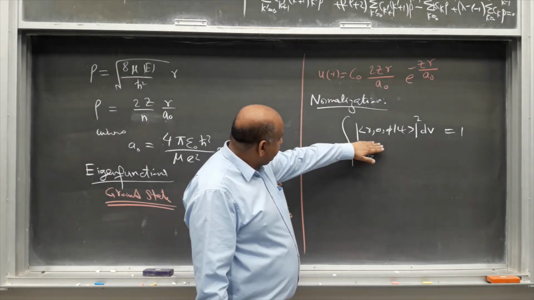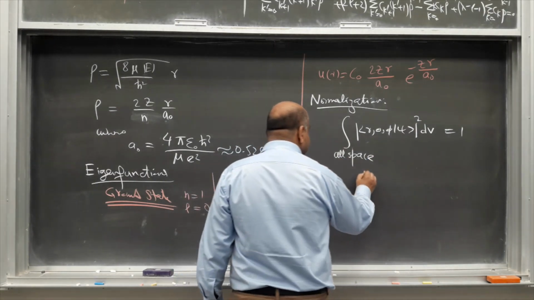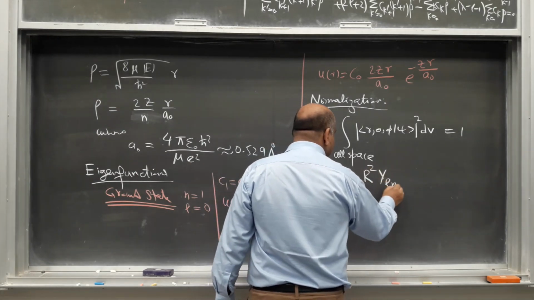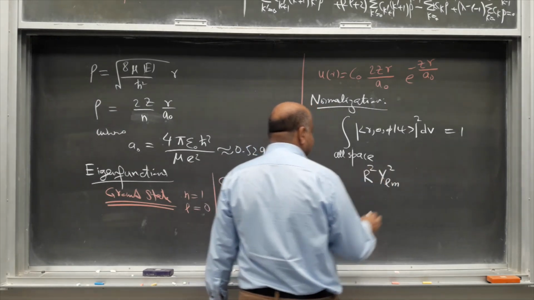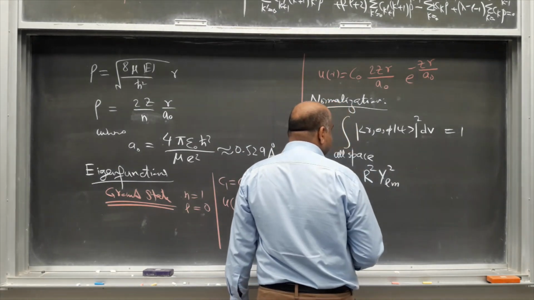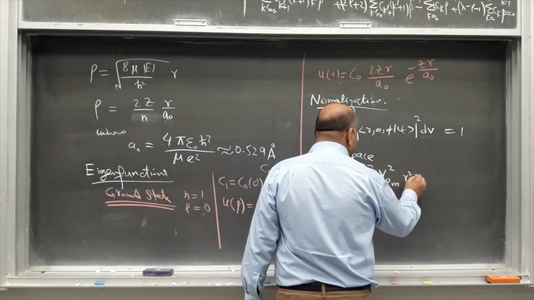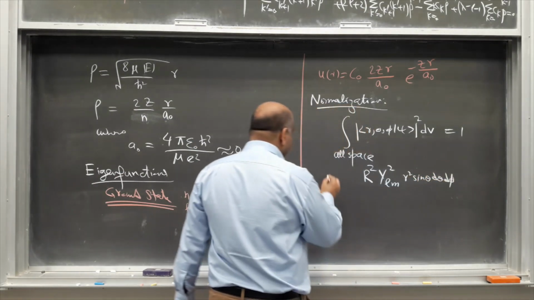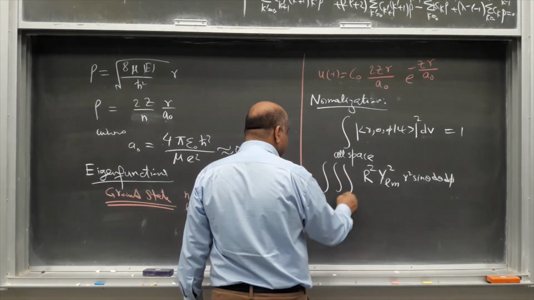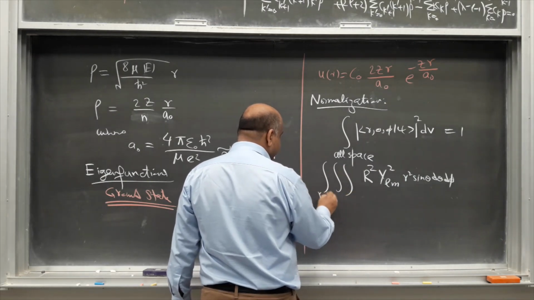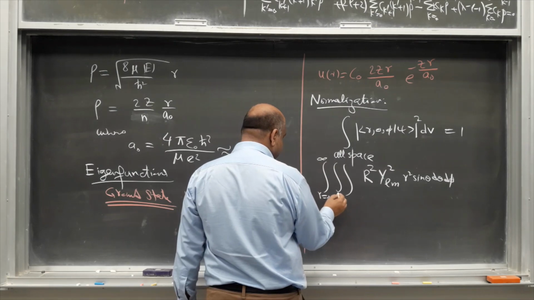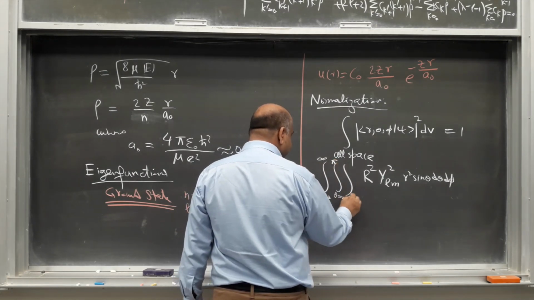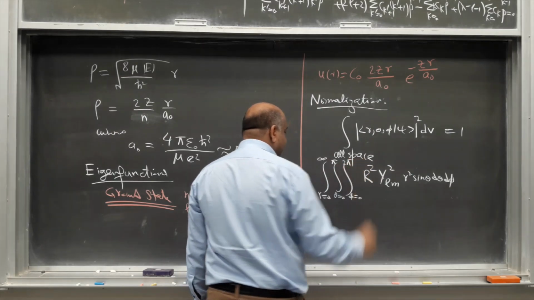So this wave function, which I can write as R squared Y squared, and this dV in spherical coordinate system is r squared sine theta d theta d phi, and integrals. There is an integral over r from 0 to infinity. There is an integral over theta from 0 to pi. Then an integral over phi from 0 to 2 pi.